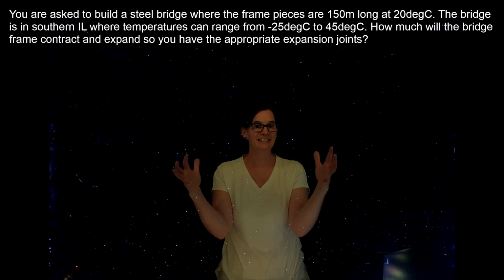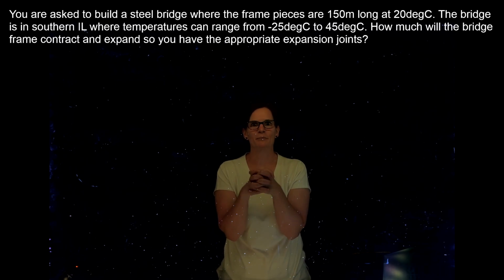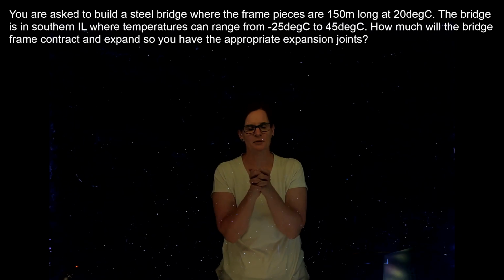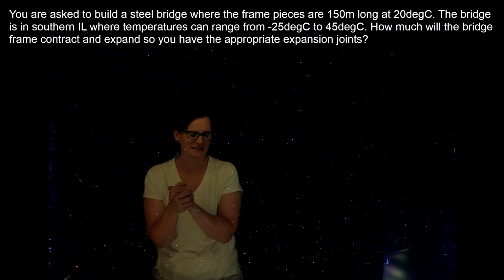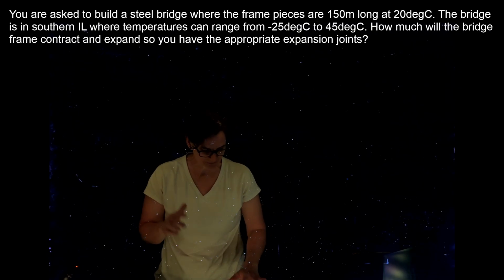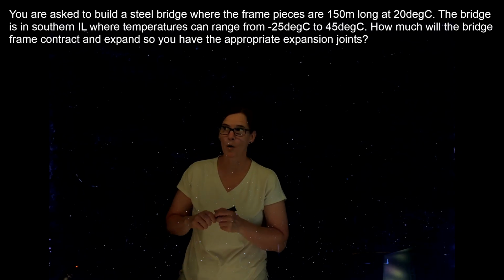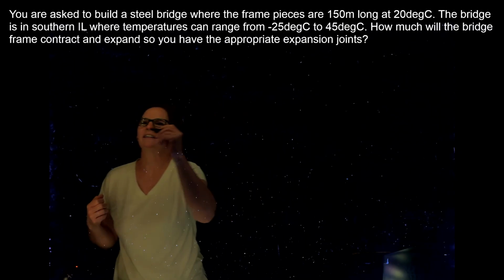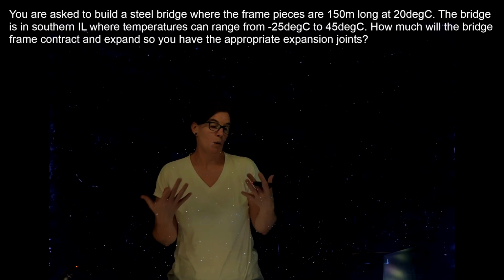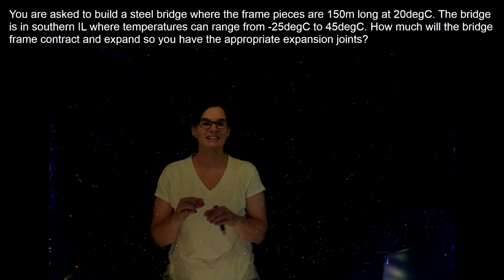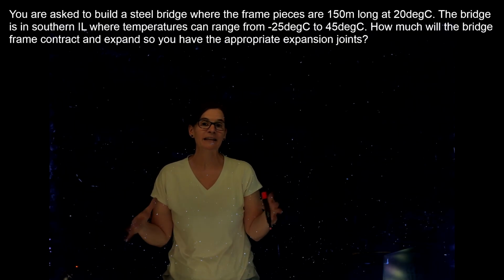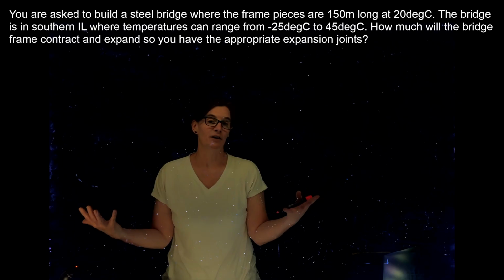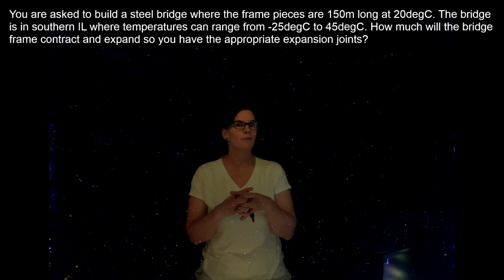So what's that difference of length of the bridge frame in these temperature extremes so that you can appropriately use expansion joints? All right, so we know from, if we look up, that steel is its own material, and it's going to have a coefficient of linear expansion and a coefficient of volume expansion. And so we want to think about, what does this one need?